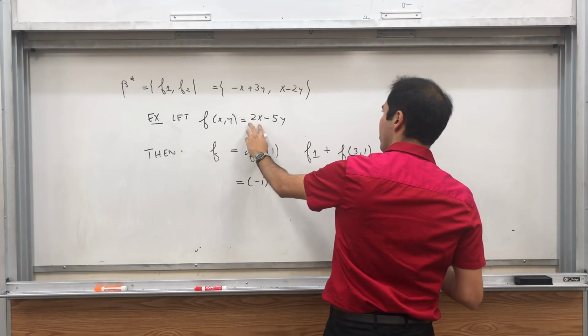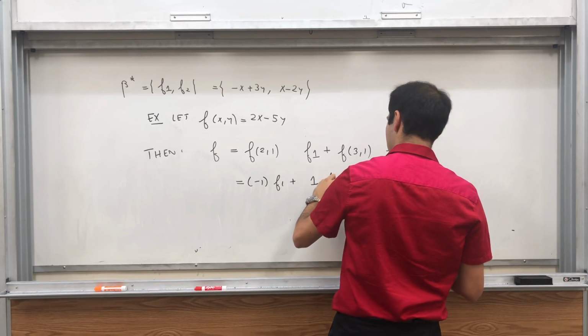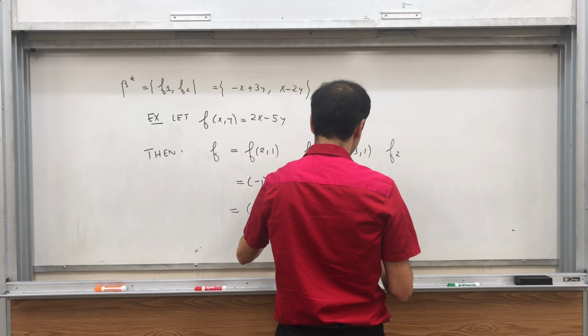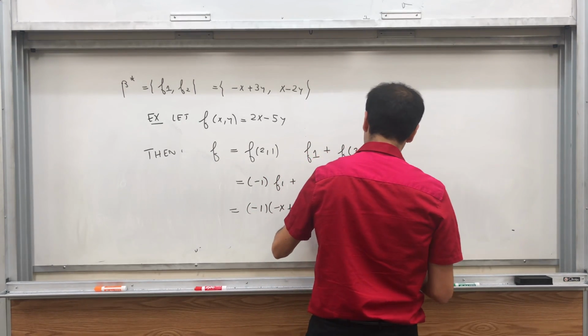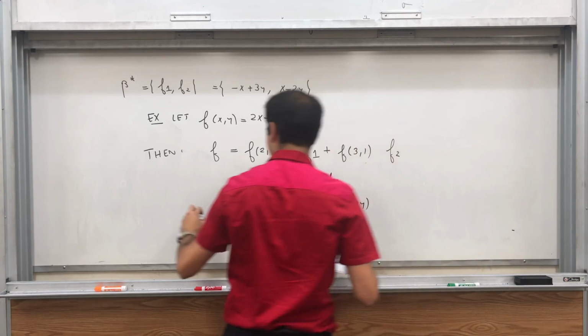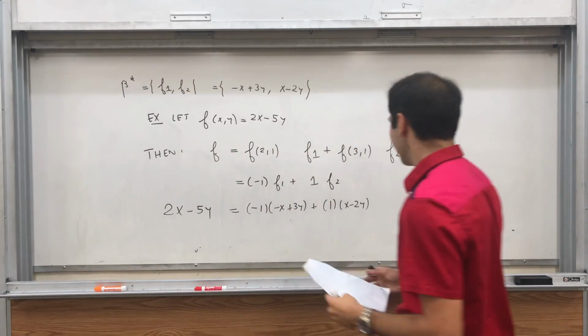And f of 3, 1, that's 6 minus 5, which is 1, times f2. And indeed, I think you can check that it's correct. So it's minus 1 times (minus x plus 3y) plus 1 times (x minus 2y). And that should equal 2x minus 5y.